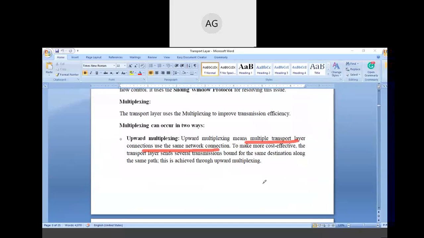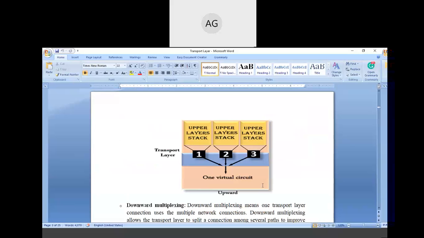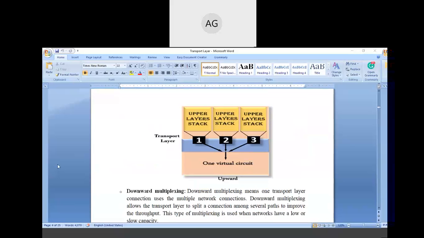We will see this through the diagram. Here multiple transport connections use the same network connection. As you can see in the diagram, the upper layers are basically the application layers. Then the transport layer here, 1, 2 and 3, are the multiple transport connections, and they can take only a single network layer connection.